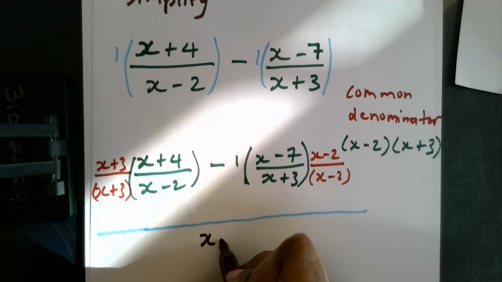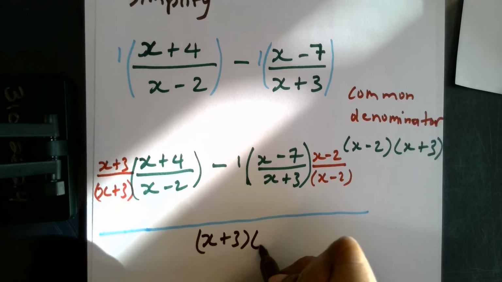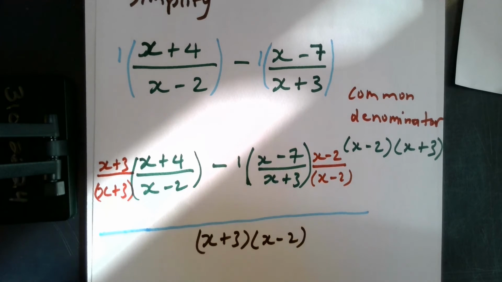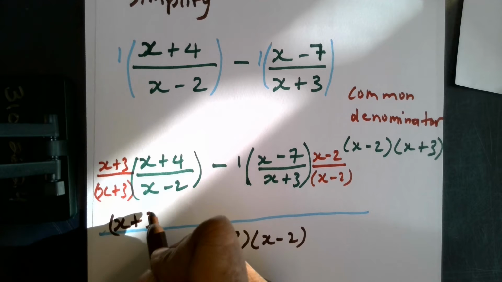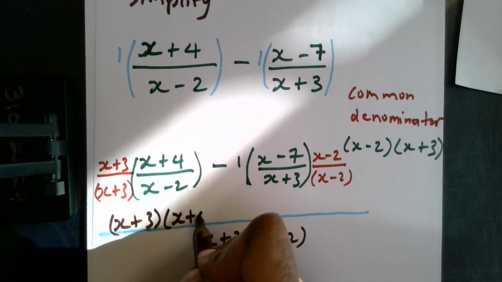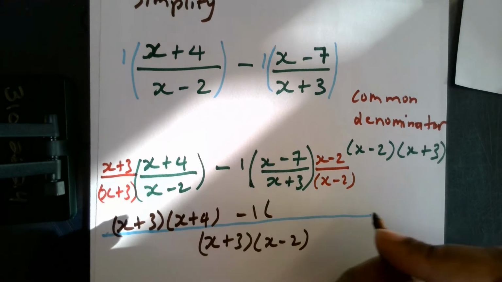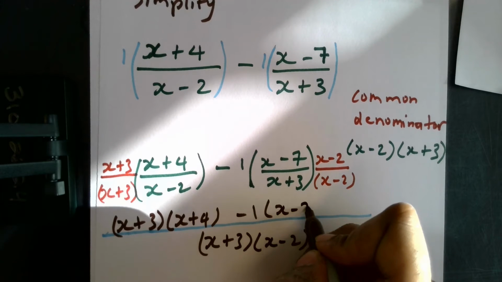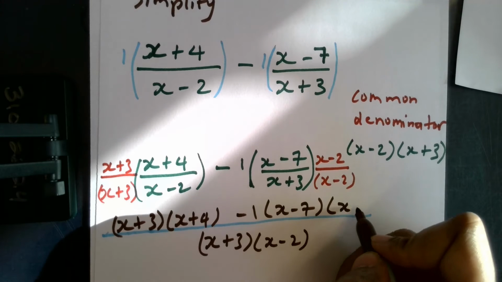So x plus 3 times x take away 2. At the top I'm going to write x plus 3 times x plus 4, minus 1 times x take away 7 times x take away 2.